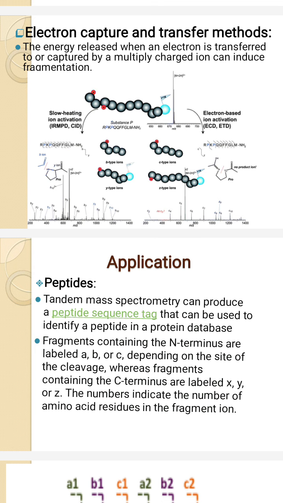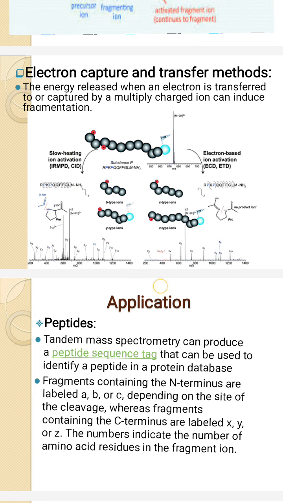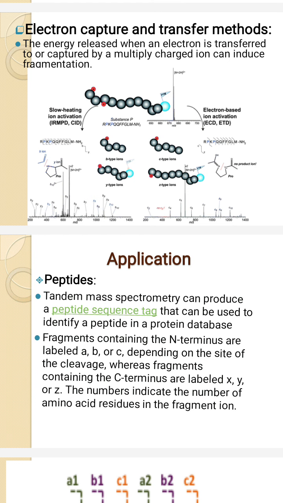Adding a free electron is called electron capture dissociation (ECD), and adding an electron through an ion-ion reaction is called electron transfer dissociation (ETD). Similar to ECD, ETD induces fragmentation of cations by transferring electrons to them.